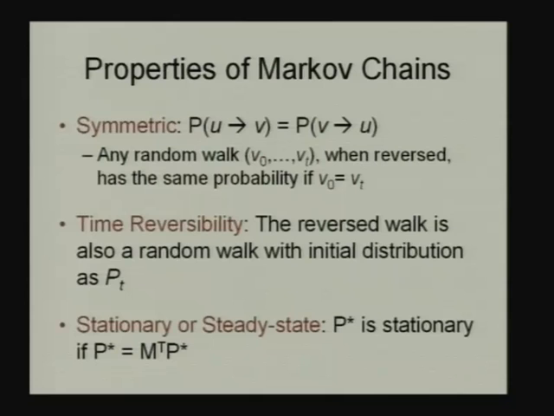And there is a stationary or steady state distribution, called P star, for which this particular thing holds, that is P star equals M transpose times P star. What it means is, if your probability distribution is P star for being at any node in the random walk, then it will remain so forever, because remember the recursive equation which is M transpose.